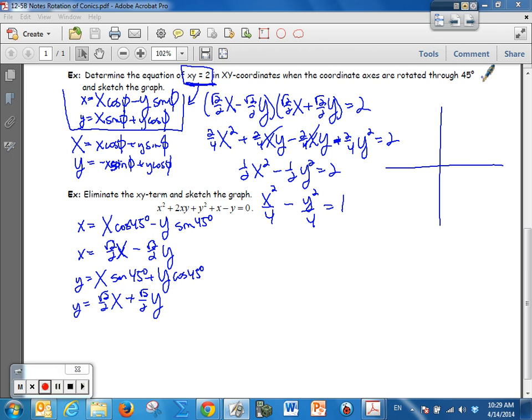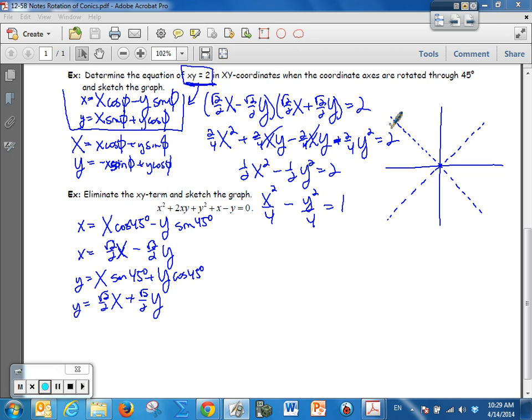And we rotate from X, our normal rotation. So my rotated axes are going to look like this. And what I do is I just turn my paper and graph it on the dotted line axes. It's just the easiest thing to do.